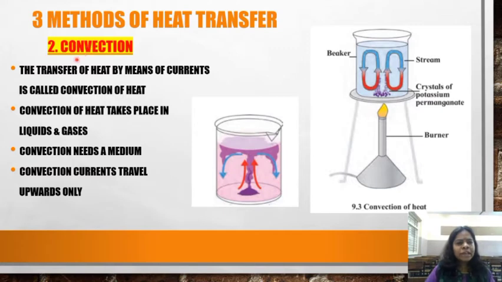Next one, children, the second method of heat transfer is convection. Now, what is convection? The transfer of heat by means of currents is called convection of heat. See children, there is one picture shown here. In this picture, what we are actually doing is, we are adding potassium permanganate into this, and then as the potassium permanganate dissolves in it, it is going to spread in the whole liquid.